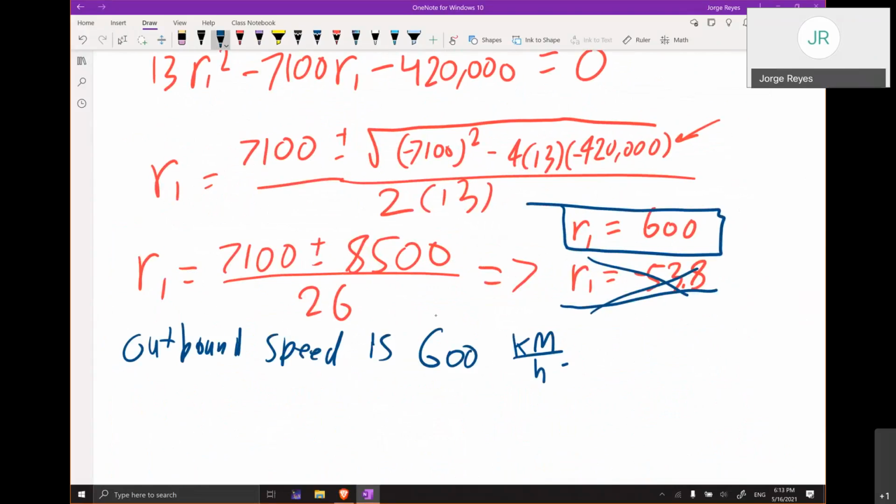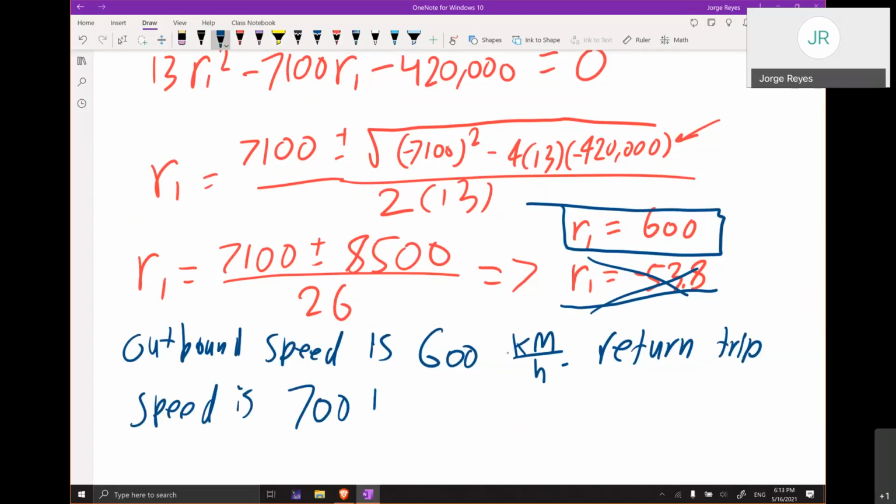I would dock you if you said miles per hour, because that means you clearly aren't reading. That's the answer. And then just for fun, the return trip is 100 miles faster, I mean 100 kilometers, I said it now. So the return trip speed is 700 kilometers per hour.